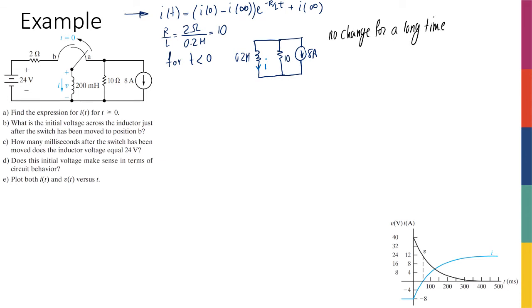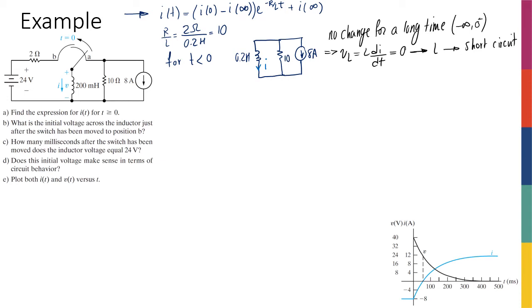And by long time, I mean from negative infinity all the way to 0 minus, just before the switching, right? Therefore, the VL, voltage of the inductor, is going to be L di over dt. The di over dt is going to be 0, so VL is going to be 0. Therefore, L is going to be just a short circuit.